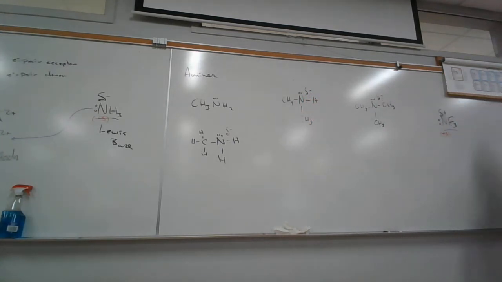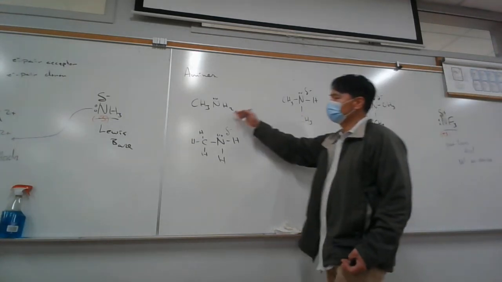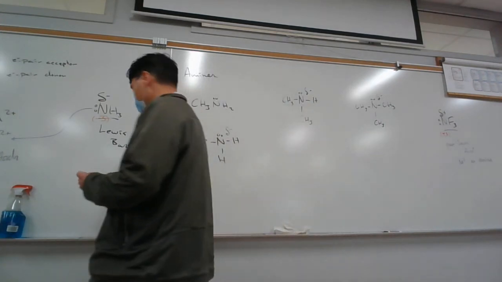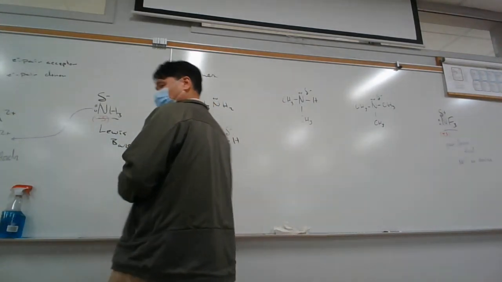In this case, it's not going to happen. So here, this would be a poor Lewis acid. And we wouldn't classify this as an amine, so not an amine. These are good electron pair donors. They make good Lewis bases.